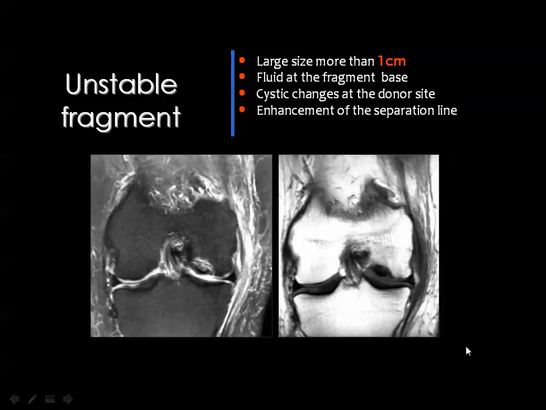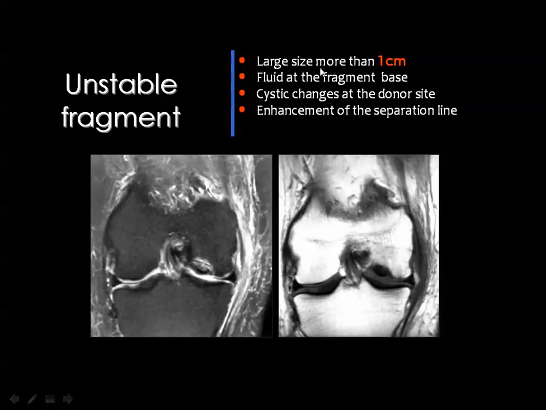And considering the values of MRI, you should evaluate the possibility of unstable fragment, meaning that the fragment is liable to move from its site inside the joint, forming a loose body which may result in locking of the knee. These are the criteria of unstable fragment.